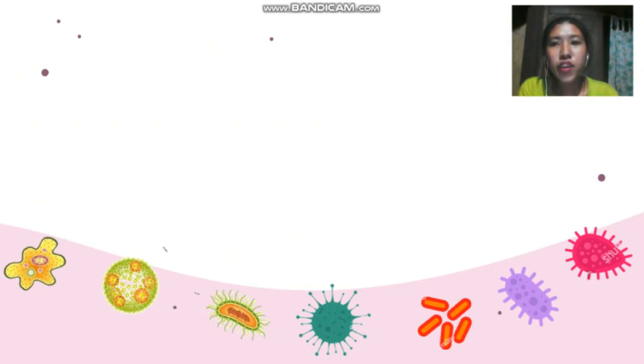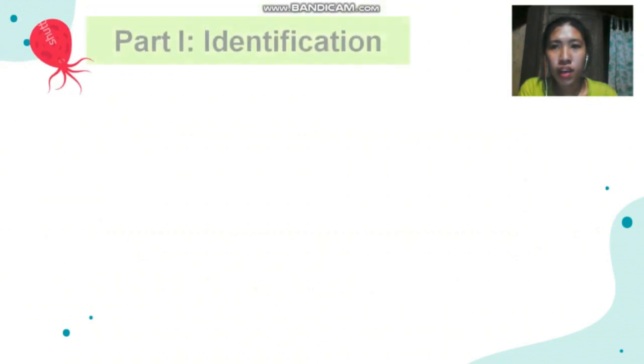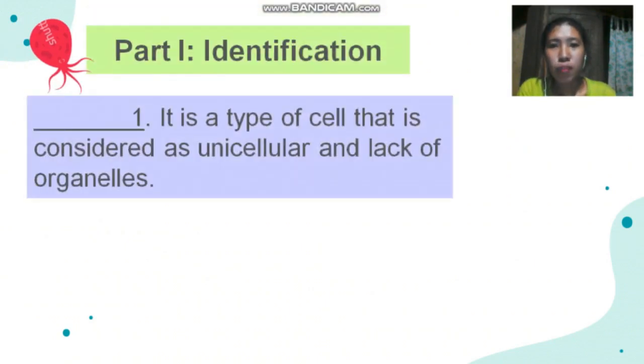To determine your understanding of this lesson, let us have an evaluation. Take note that this assessment consists of 3 parts, namely identification, graphic organizer, and an essay. Are you ready? So now, let's start with part 1, identification. Number 1, it is a type of cell that is considered unicellular and lacks organelles.